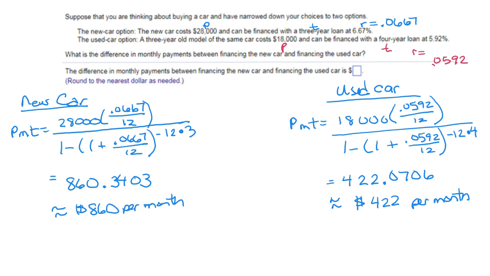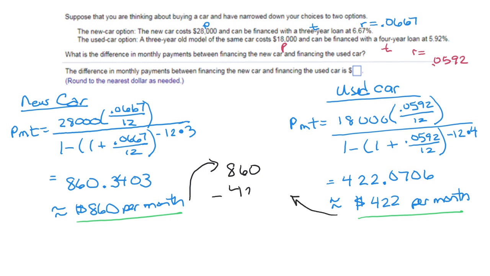So now that we know the monthly payment amount for each option, it says, what is the difference in the monthly payments between financing a new car and financing the used car? So now we're going to take the $860 and we will subtract the $422 so that we can find the difference of the two monthly payments.